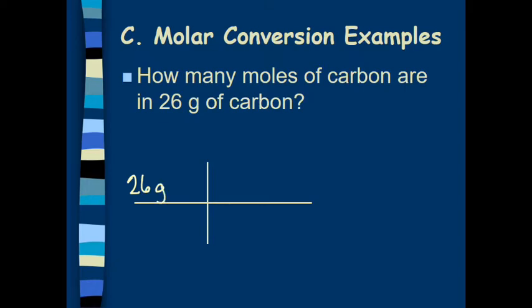Just like when we were doing our prefix conversions with the SI system, you had a number and a unit. Now we have to label the substance. The substance we're dealing with is carbon, so I will put carbon's symbol, which is a C. Also, like previously, whatever unit and now substance we have here must get duplicated there in the denominator because we do not want it in our answer. So I will put grams of carbon right down here so that they match up. The unit that we are going to, how many moles?